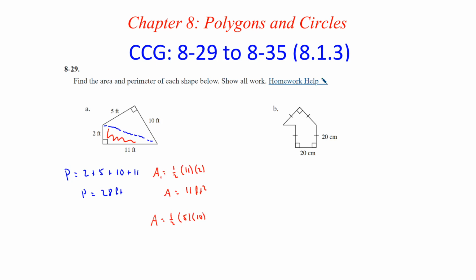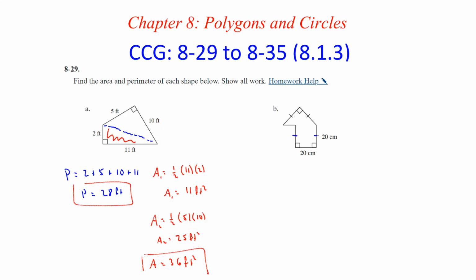And then, so we'll call that area 1, and then area 2 would be half of 50, and so that'll be 25 feet squared. And then if we add both of those up, we get an area of 36 feet squared. And there are other ways to do that, but that's just one way to look at it.